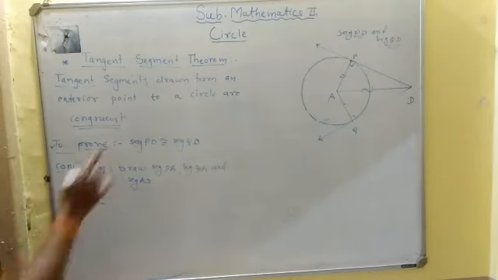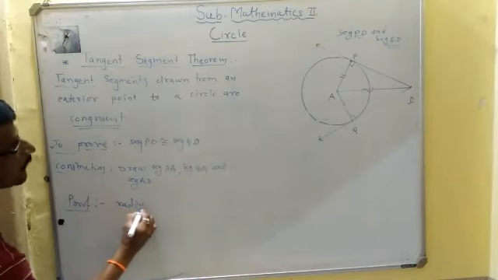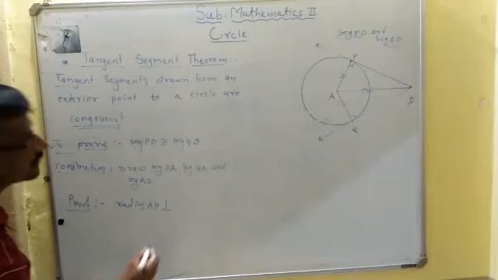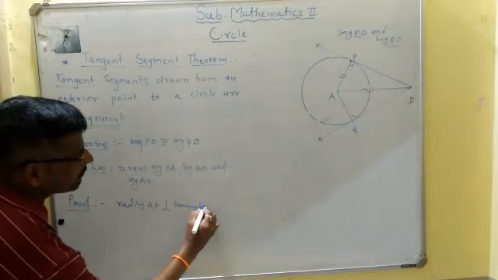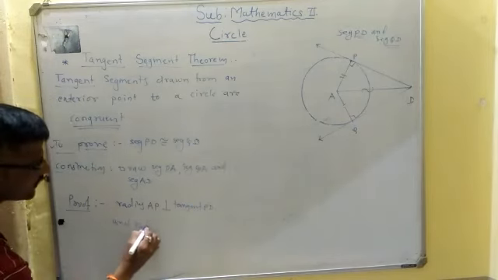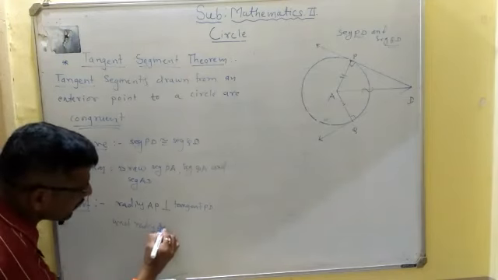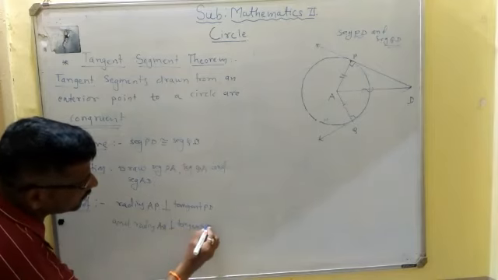In the figure, look: radius AP is perpendicular to the tangent PD and radius AQ is perpendicular to the tangent QD.